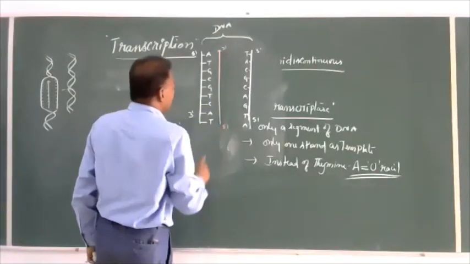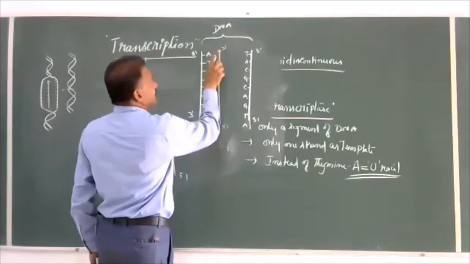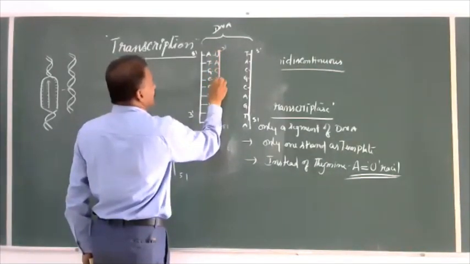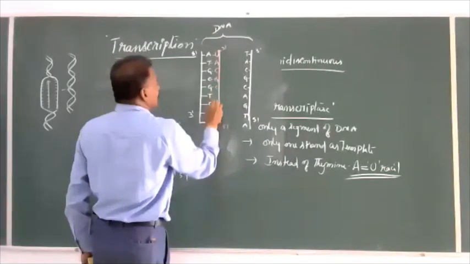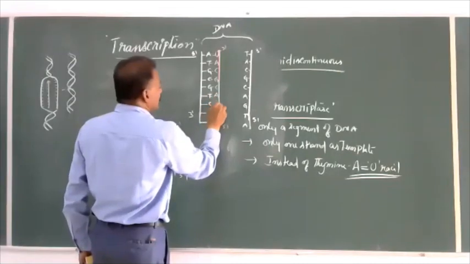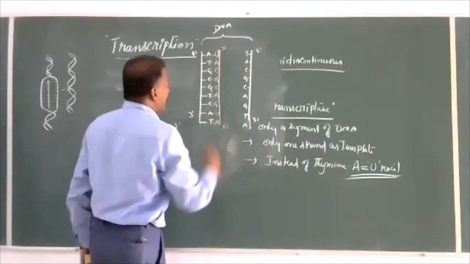5 prime, 3 prime. Here, instead of thymine, uracil: thymine, adenine, guanine, cytosine, cytosine, guanine, guanine, cytosine, thymine, adenine, cytosine, guanine, adenine, uracil, thymine, adenine.